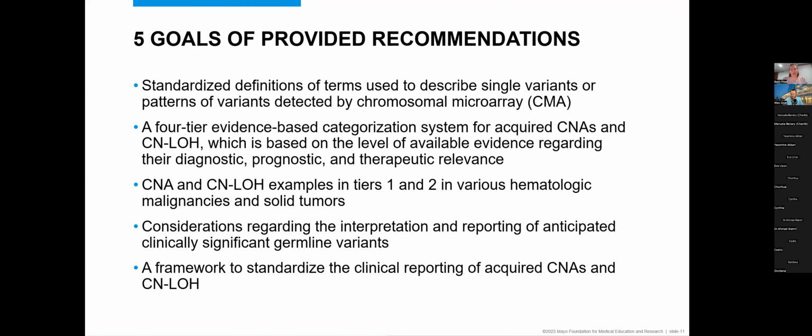So there are 5 goals outlined in this paper. First is the standardization of terms used to describe single variants or patterns of variants described by chromosomal microarray. And the use of chromosomal microarray, I think, is pretty strategic here. It wasn't just that everybody was using chromosomal microarray, but chromosomal microarray tends to be kind of a bridge technique between conventional cytogenetics and NGS.